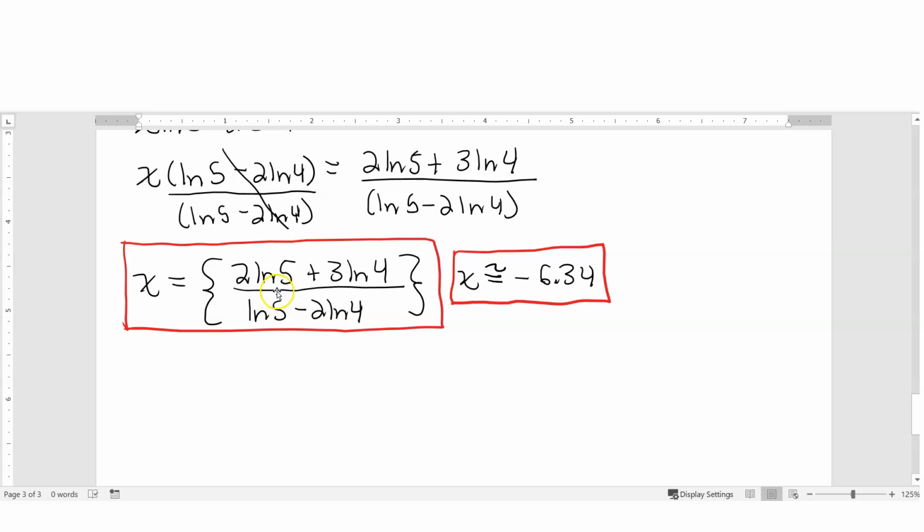Our final exact solution will be x equals 2 natural log of 5 plus 3 natural log of 4 divided by natural log of 5 minus 2 natural log of 4, and the decimal approximation would be approximately minus 6.34. This is probably as complicated an example of solving an exponential equation you'll see in our course, but it's still a good review of the technique of using natural logarithms to solve an exponential equation.